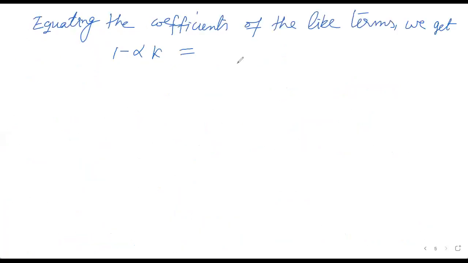So you got this coefficient is equal to 0. So this implies that alpha is how much? 1 upon kappa. Alpha की वैल्यू निकलाई देखो ना, 1 upon curvature.